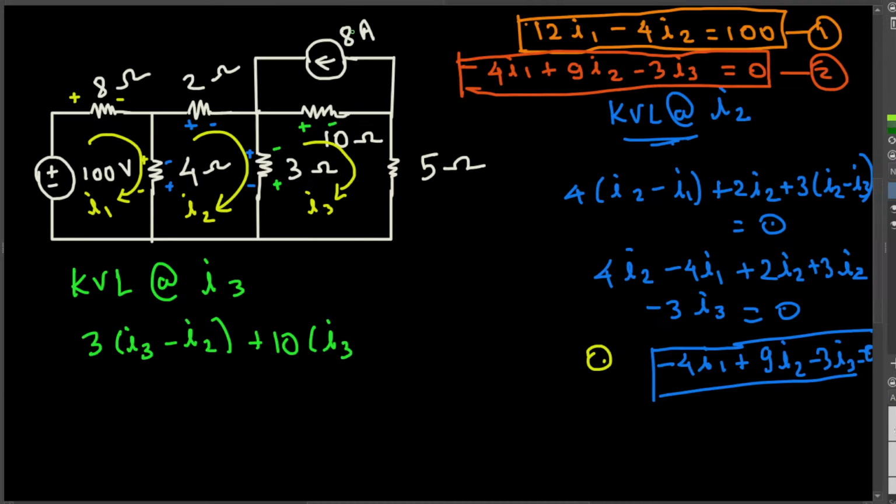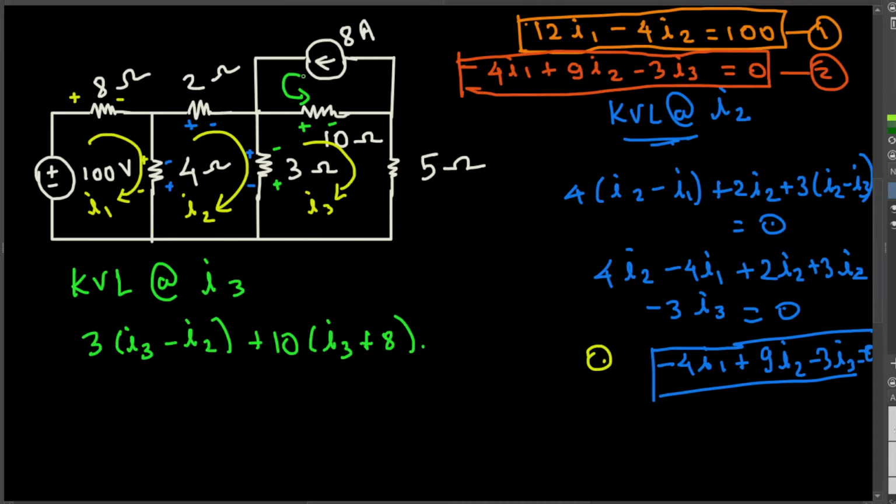And if you look at this 8 ampere right here, this is going counterclockwise. It's coming like this, so it's going to feed the resistance. Like here you can see I3 is also going in, and the 8 ampere is also going in. So both are in the same direction. So it's going to be plus 8 here.